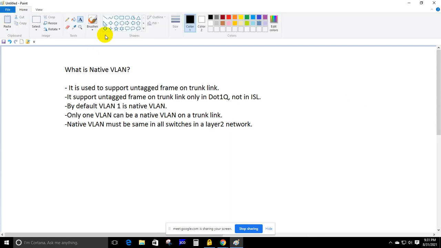Now, what is the purpose of native VLAN?